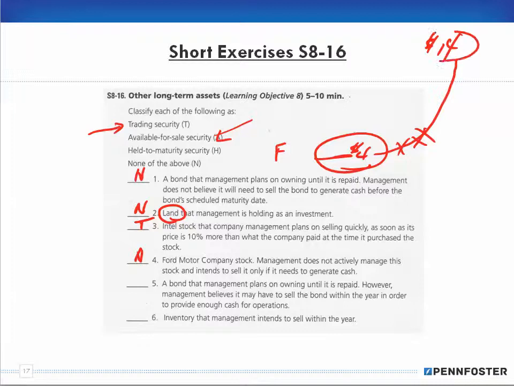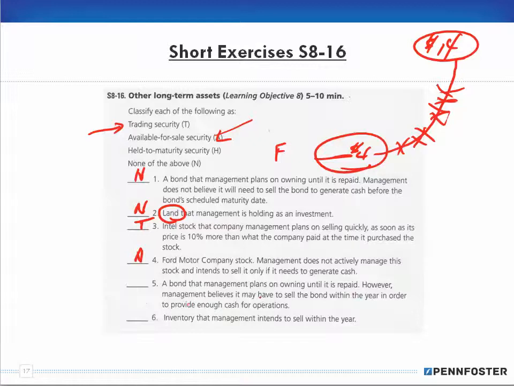And they could still be waiting here at $14, but they have that gain on that asset. But if they had decided to just buy and sell along the way, then that would be a trading security versus an available for sale security. Okay, enough of that. All right, a bond that management plans on owning until it is repaid.